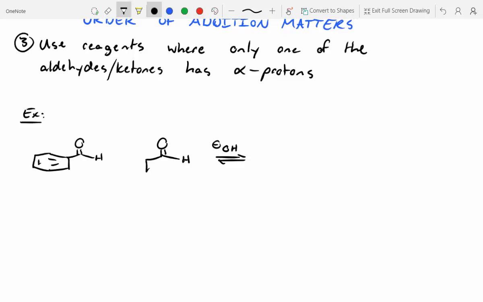If we look at it, this aldehyde over here doesn't have any alpha hydrogens, right? So if we were to react these two together, the only option for our base is to pluck off protons coming off of this position.